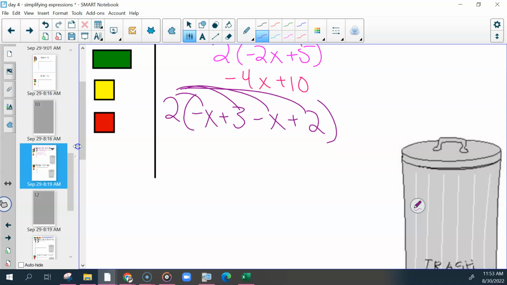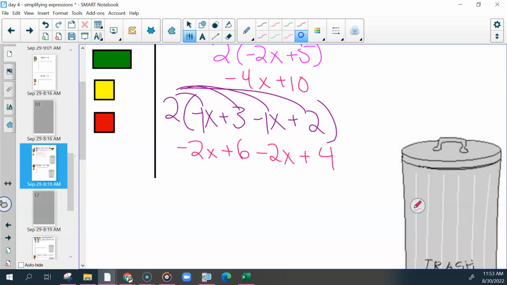It'd be a little bit more work, but you could do it this way. So if we're distributing, 2 times negative 1 would give us that negative 2x. 2 times 3 would give us 6. We'd have another negative 2x, and then 2 times 2 would give us 4.